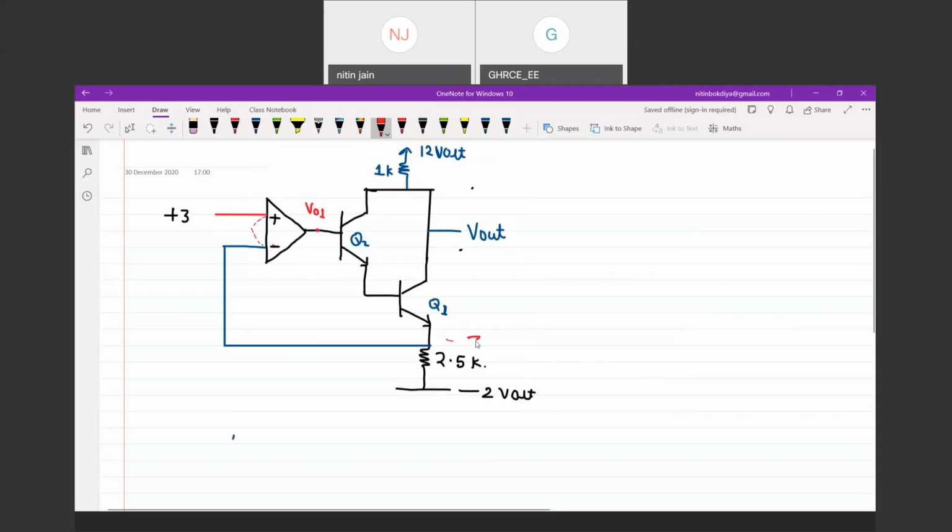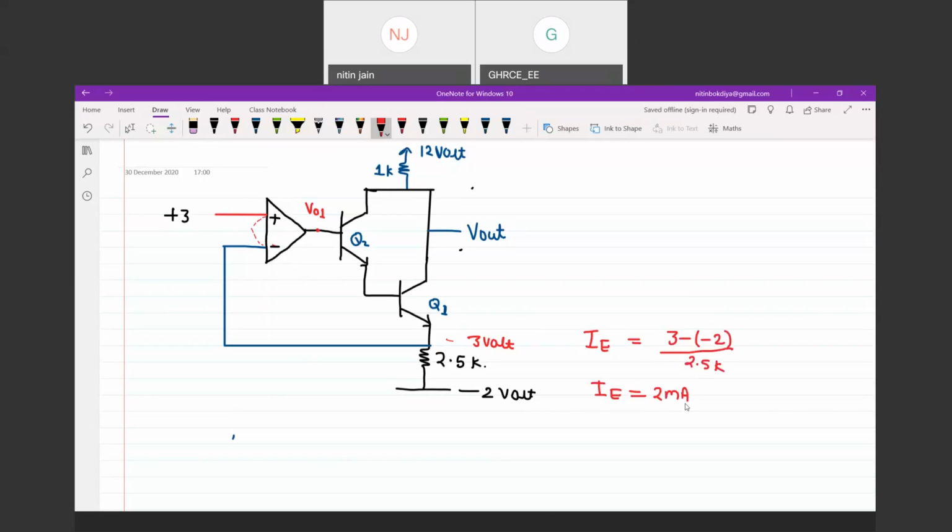If the emitter terminal of the transistor is connected to 3 volt, we have the idea of emitter current. The current in the circuit can be written as higher potential, which is 3 volt, minus lower potential, which is minus 2 volt, divided by a resistance of 2.5 kilo ohm, which says that the emitter current in the circuit is equivalent to 2 milliampere.